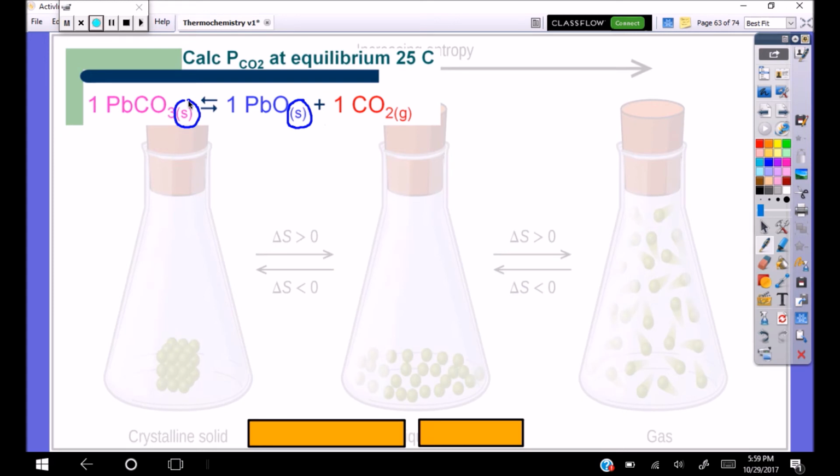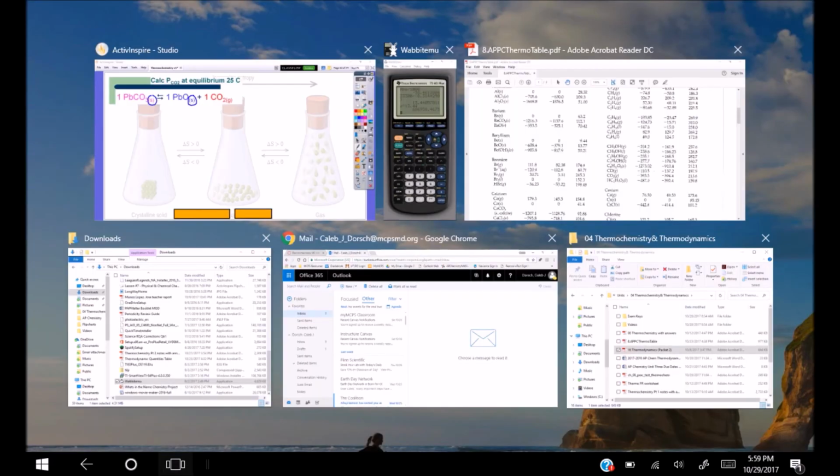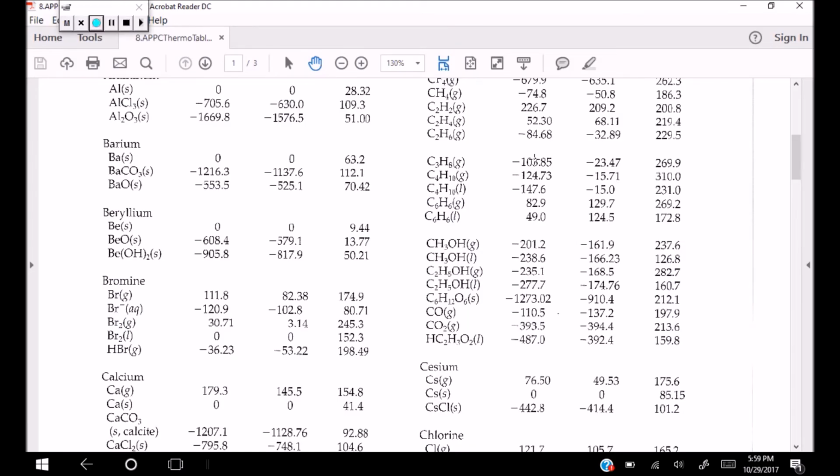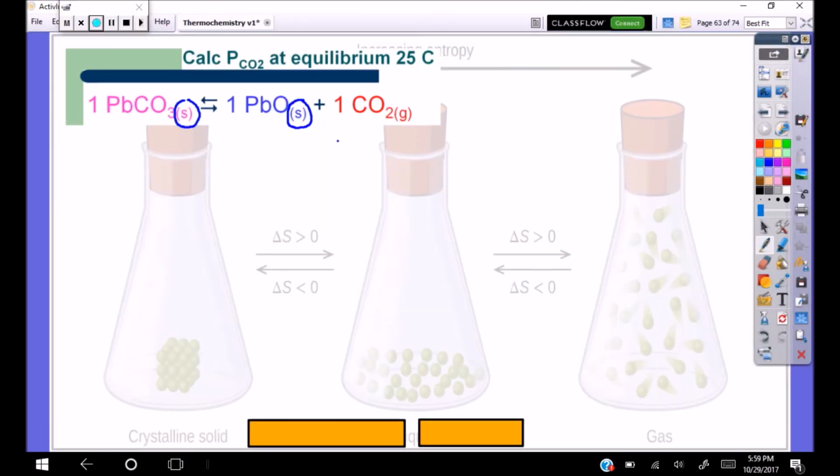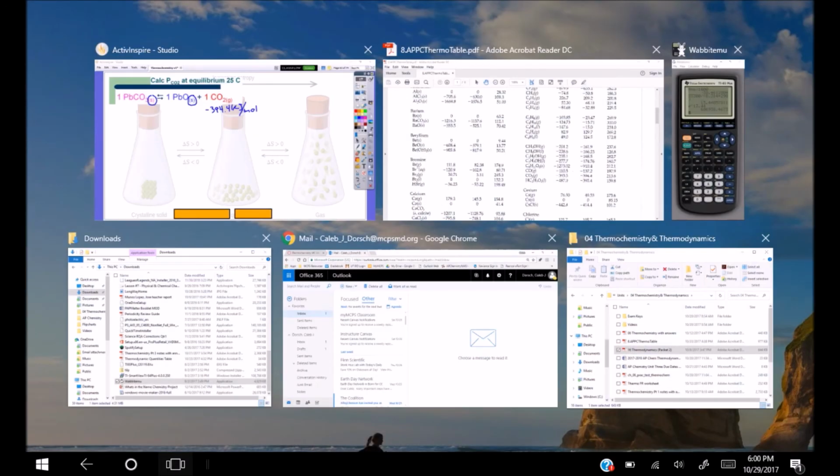So delta G, let me find my delta G values for CO2. CO2 has a delta G of negative 394.4 kilojoules per mole. Alright, let's find my lead.